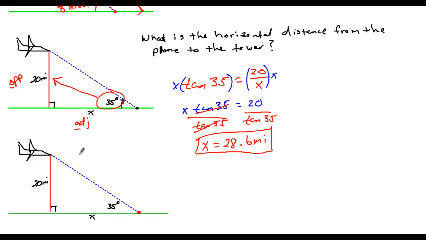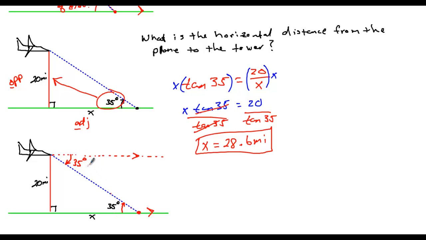Well, the plane is flying at a certain altitude. It's flying at 20 miles above the ground, and it's flying straight along, horizontal, parallel to the ground. So what does that mean the angle of depression from the plane down to the ground is? Hopefully you remember it's the same as the angle of elevation from the ground to the plane.